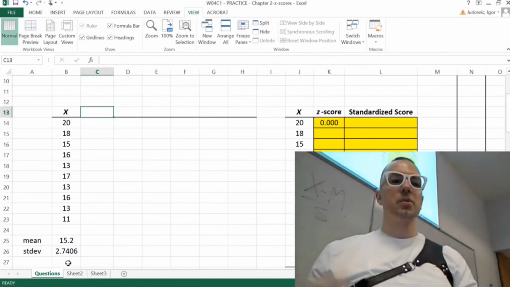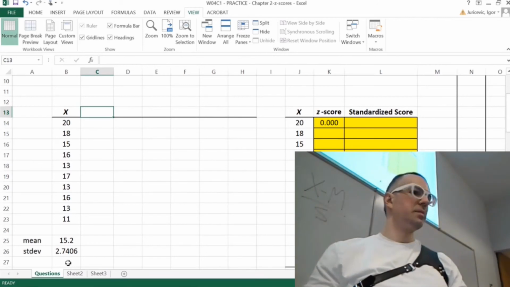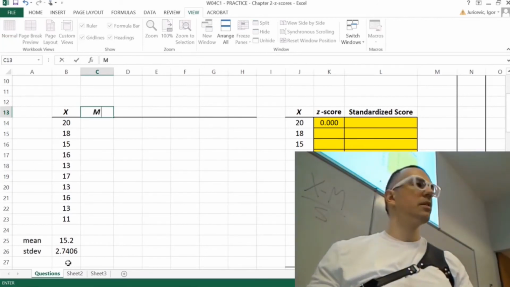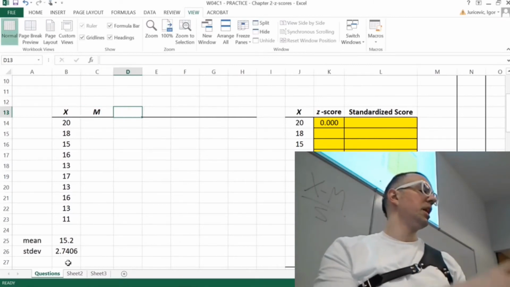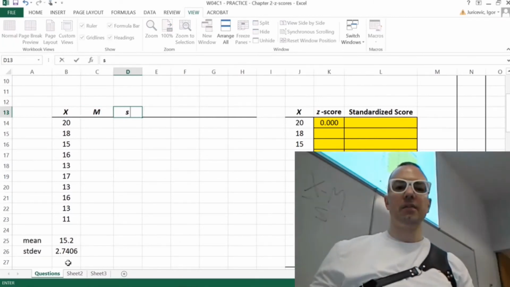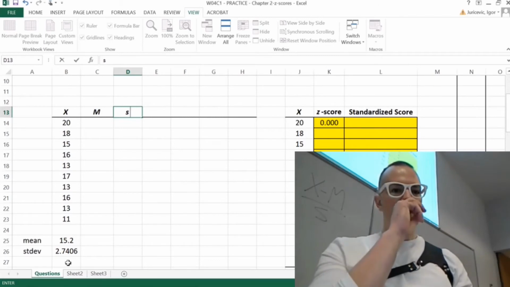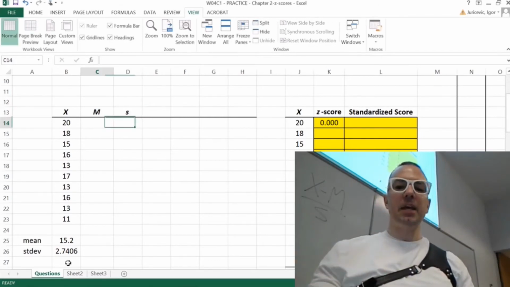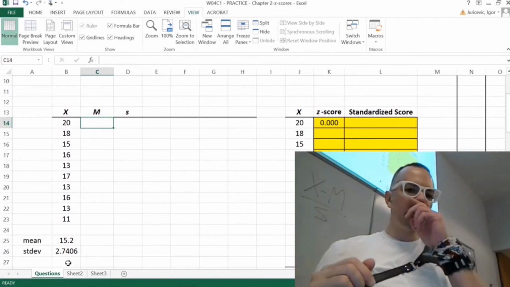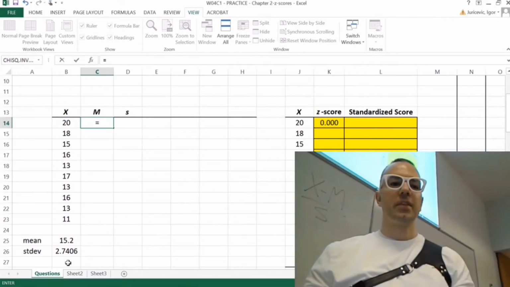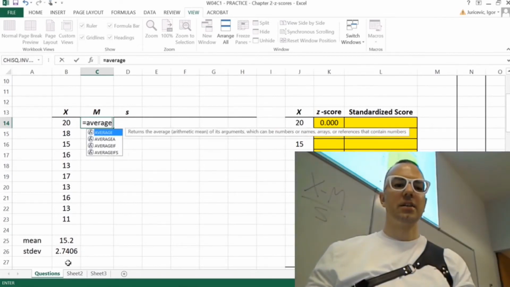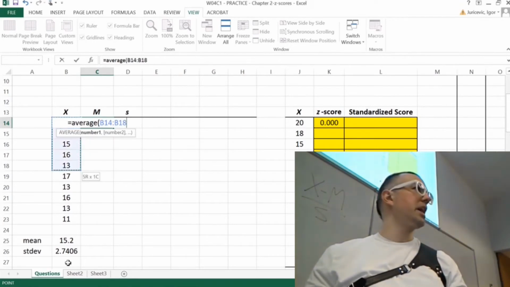So what we're going to do is set up a column of means. We're going to label this M for sample mean, and we're going to set up a column of standard deviations, and label that S for sample standard deviations. So what we want to do is calculate the mean for these scores. And what we can't do, so don't do this yet, is just calculate the average and highlight the cells there, and you'll notice we'll get the correct average here.